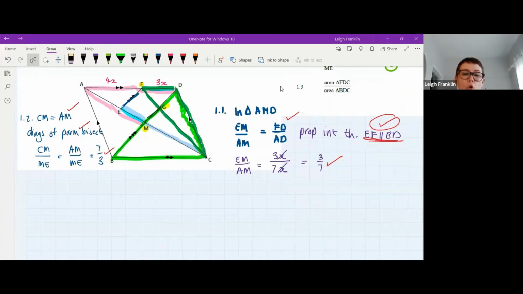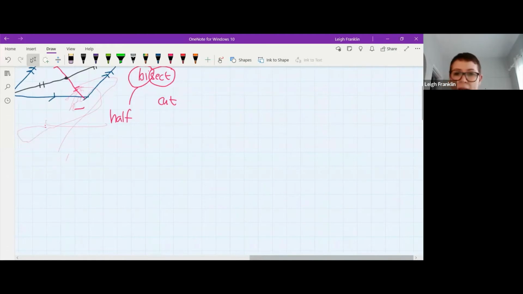Okay, so what we notice, and maybe I should have a little bit of a discussion with this on the side over here, is that if triangles are drawn between the same parallel lines, so let's draw a line over here and let's draw another line over there.